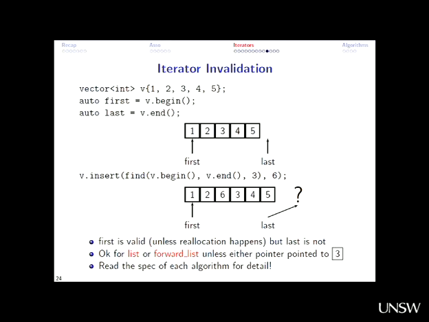Okay, so let's look at iterator invalidation. In this code, we have a vector of 5 ints. We then have an iterator to the beginning and an iterator to the end. So first is pointing to the first element, end is pointing to one past the last element.